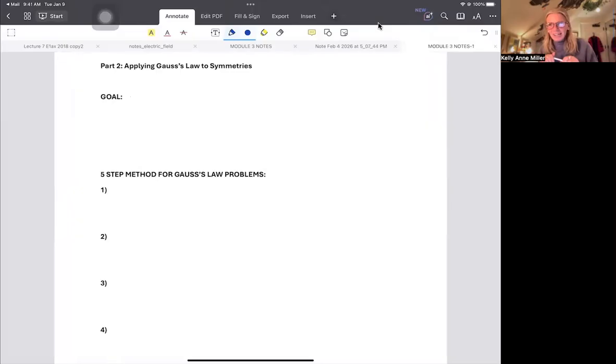But the overall goal here with Gauss's law is to use the geometry of a charge distribution to find the E field without having to use a complex integration.